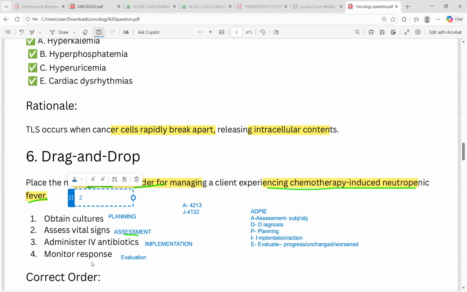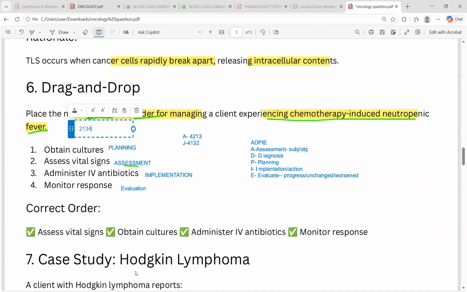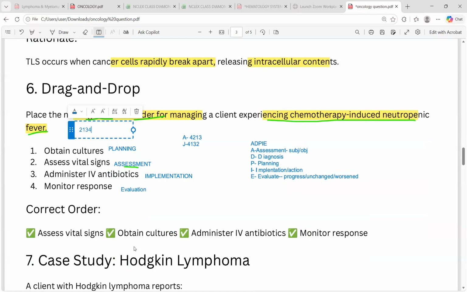Then intervention or implementation, which is the one? Administer IV antibiotic. Last one, after the IV antibiotic, evaluate the response. See, we can check it. Assess vital signs, obtain culture, administer IV antibiotic, and monitor response.